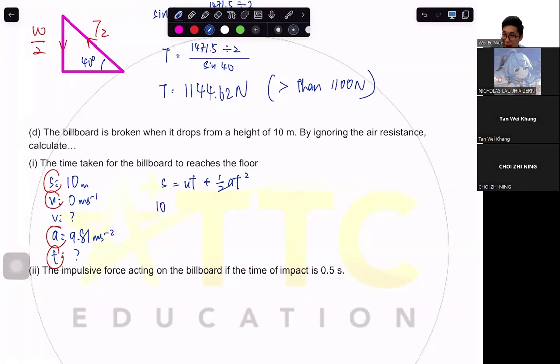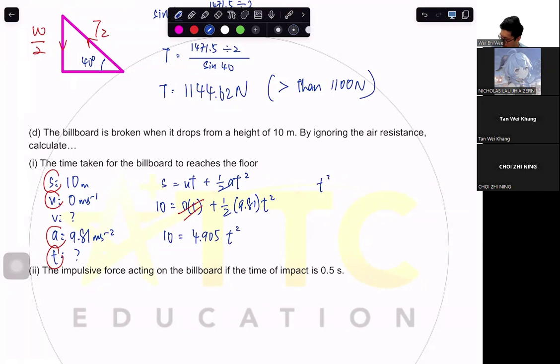Okay, so s is 10, u is 0, 0 times t is 0, half 9.81 t squared. So this one will be 0. You don't have to write this. So 10 equals 4.905 t squared.